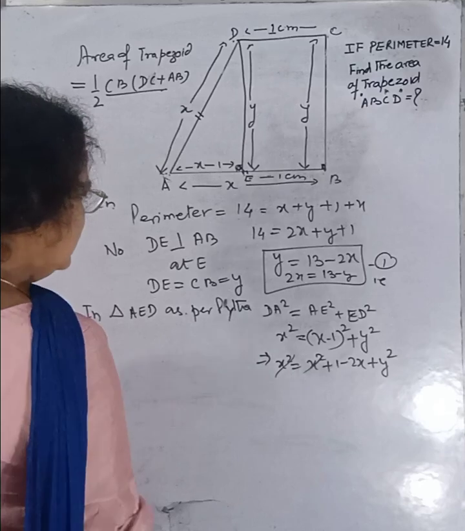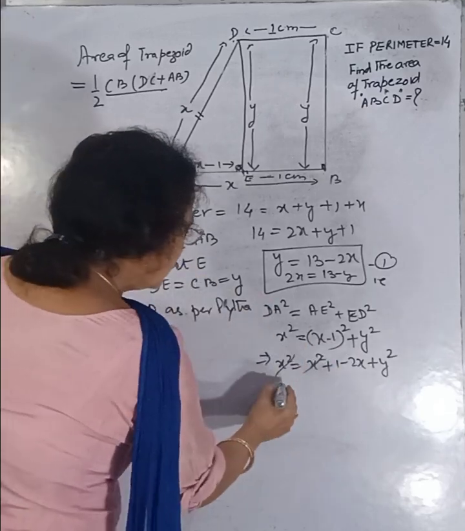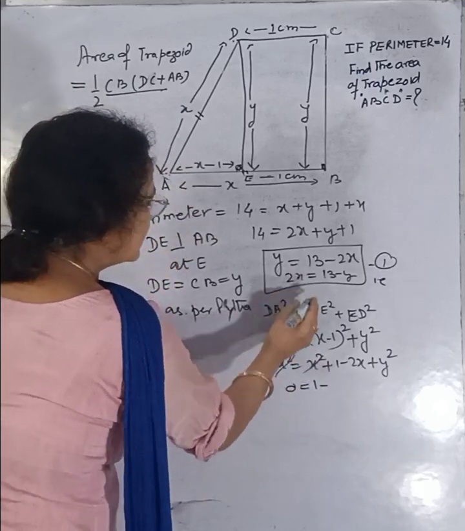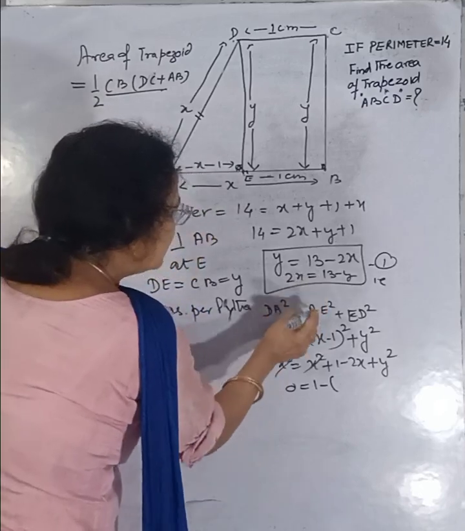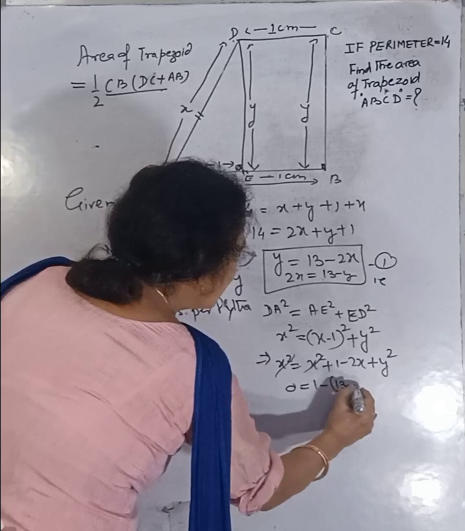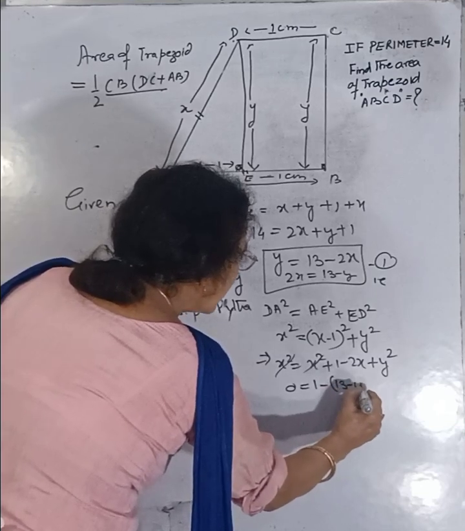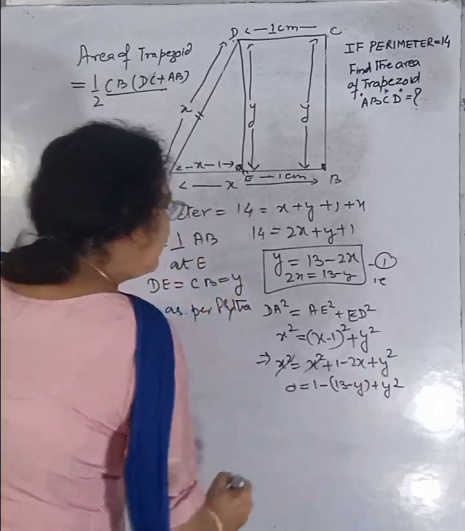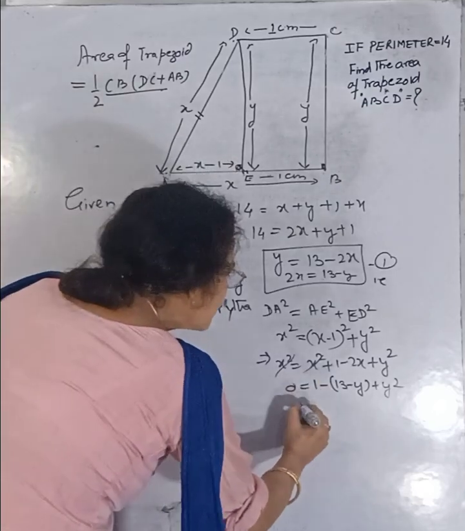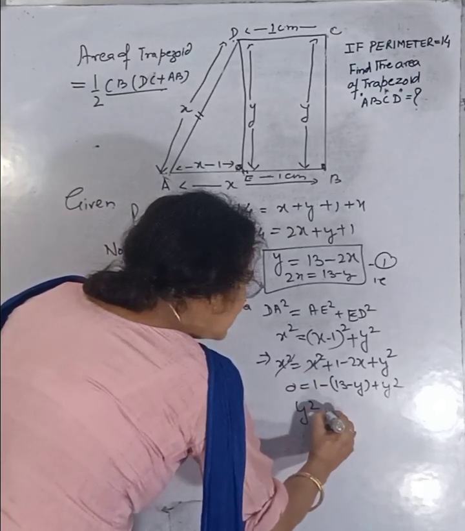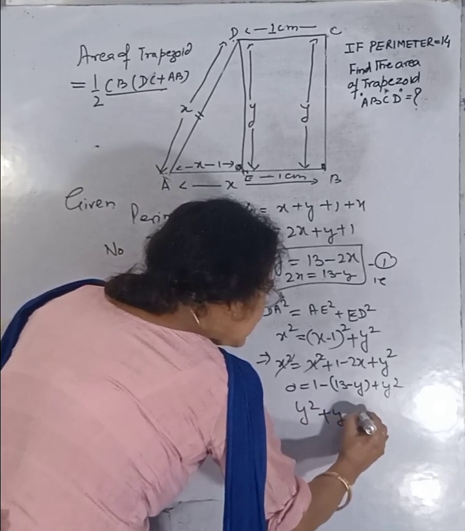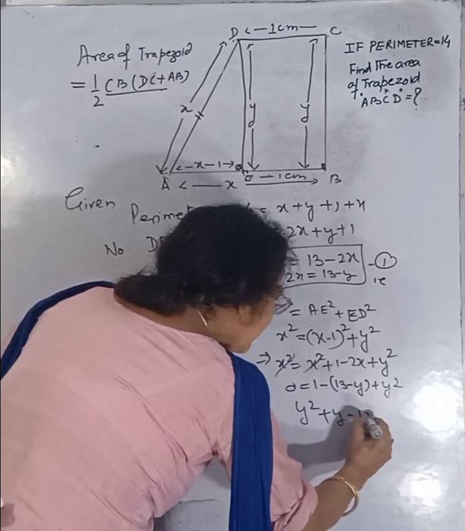So 0 is equal to 1 minus 2x plus y square, and in place of 2x we can write 13 minus y. Thus we get a quadratic equation in y: y square plus y minus 12 is equal to 0.